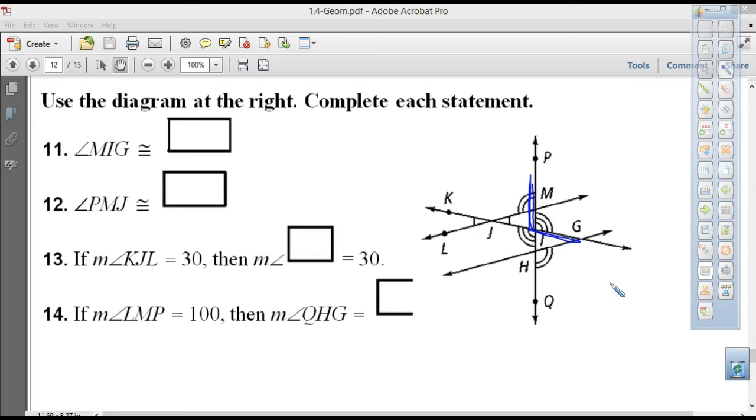So how can I tell what angle would be congruent to it? The other one that would have 3. So the other one that has 3 would be angle, yep, you can use K, I, H. Yep, or you could use, so we did KIH, you could also use JIH. You could use JIQ, would be okay as well.